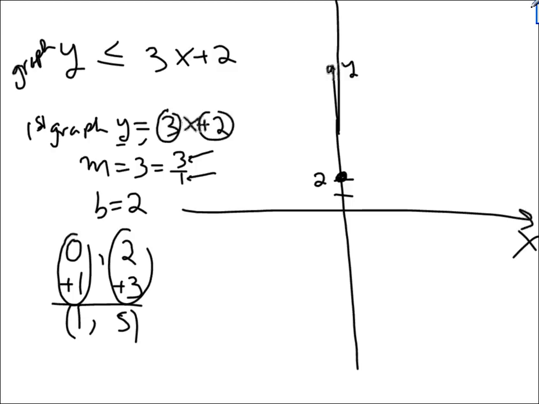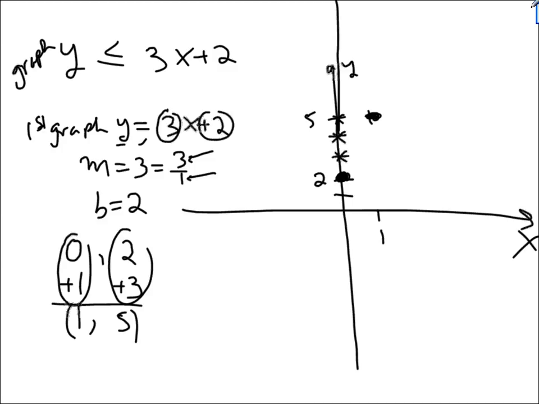That gives me another point, (1, 5), right here. Again, if you started at 2 and went up 3 and 1 to the right, you'd end up at the same point. So these 2 points will determine the line.